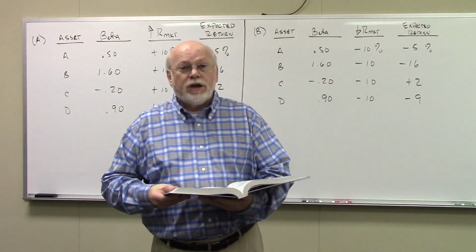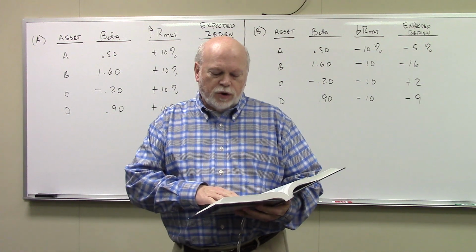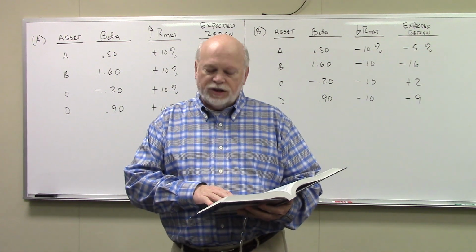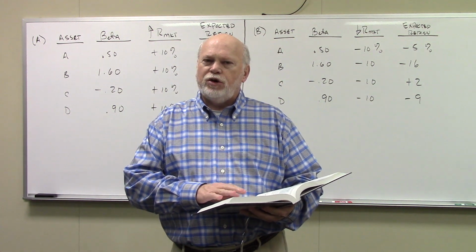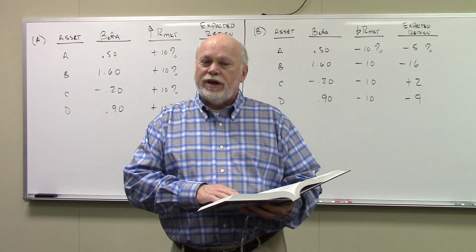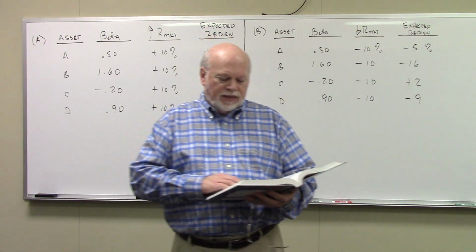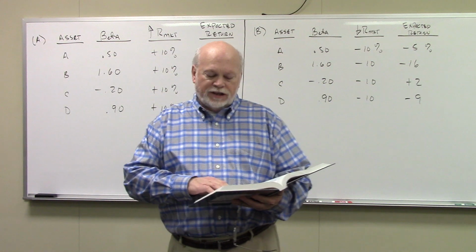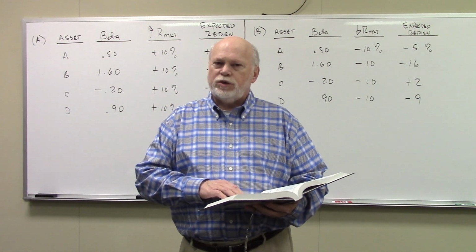Now, this particular problem reads as follows. It says, answer the question below for assets A to D, shown in the table. In the table in your textbook, they show you assets A through D, and they give you the beta for each of those assets. The A part says, what impact would a 10% increase in the market return have on each asset's return?